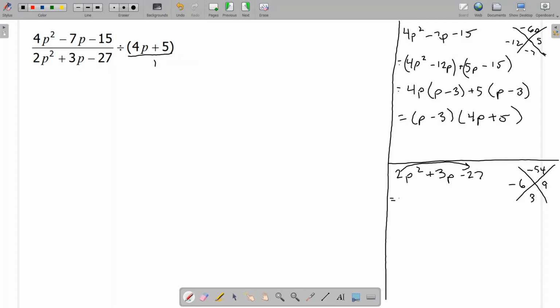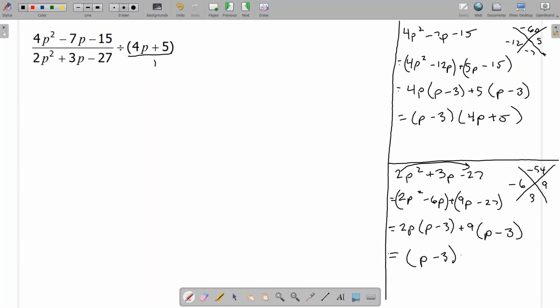So now we have 2p squared minus 6p plus 9p minus 27. Factor by grouping. And we get p minus 3 times 2p plus 9. So let's go ahead and substitute those back into the original expression.